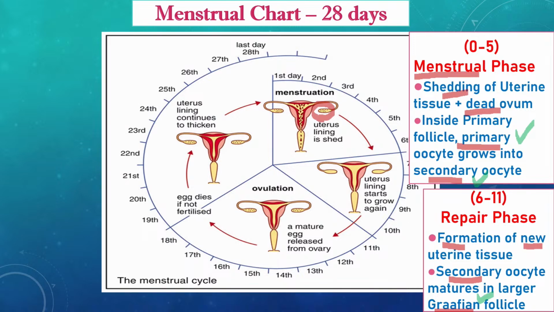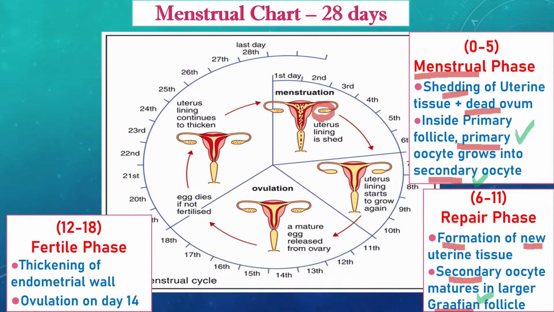Next we move on to the next phase, which is from day 12 to day 18, which we call the fertile phase. Why fertile? Fertile in Bahasa is subur. Why do we call this a subur timing? This is because the female will have ovulation. She will ovulate on day 14. On day 14, that's ovulation.